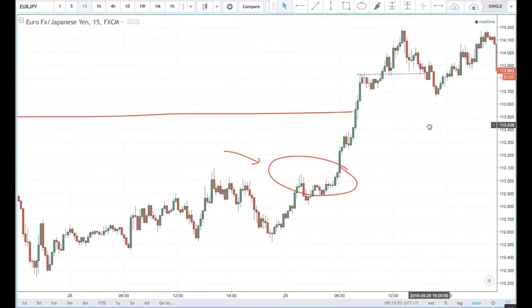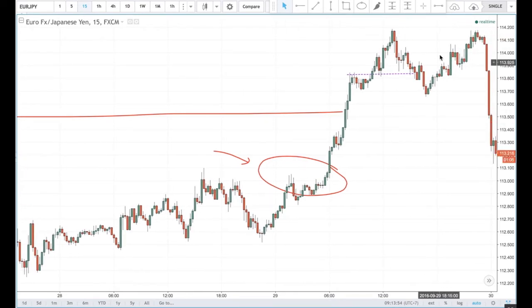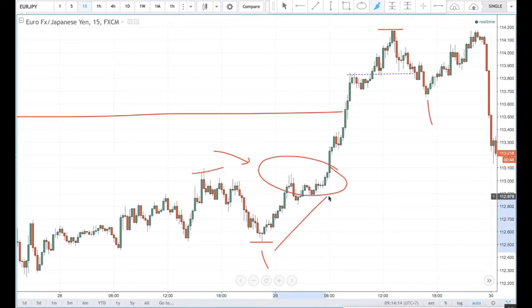But if you keep looking at this area, we have a higher high sequence from here to here. Then a higher low sequence from here all the way to here. The highs went higher, and then the lows went higher.